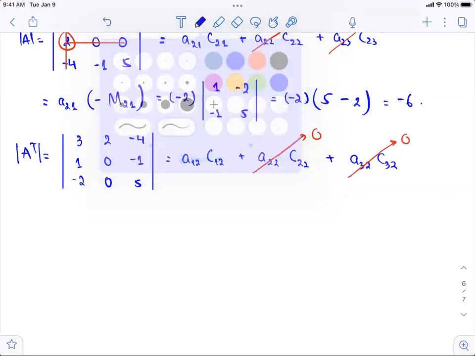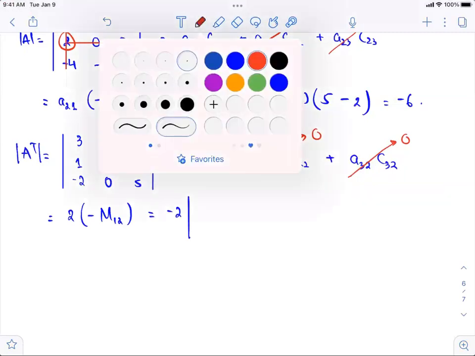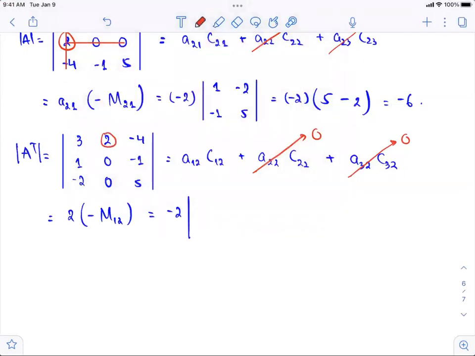So you've got A12 times C12, and we check the sign of the corresponding cofactor: plus, minus. So you have 2 times negative M12, or -2 times the determinant after checking this 2 and deleting the corresponding row and column.